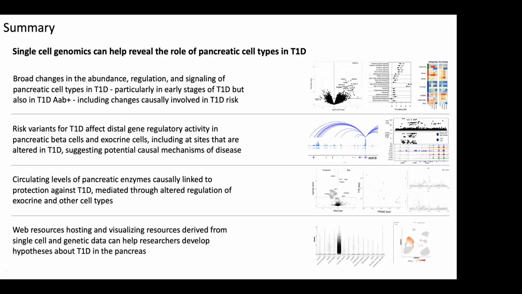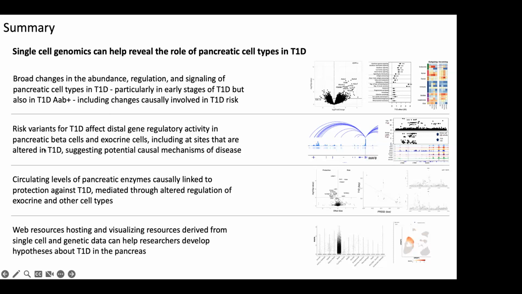In addition, we observe changes in multiple autoantibody positive individuals that mirror those, to a lesser degree, than observed in recent onset type 1 diabetes, with less evidence for changes in single autoantibody positive individuals, as well as some of these changes where we have some evidence that they're causally involved in driving risk of disease.